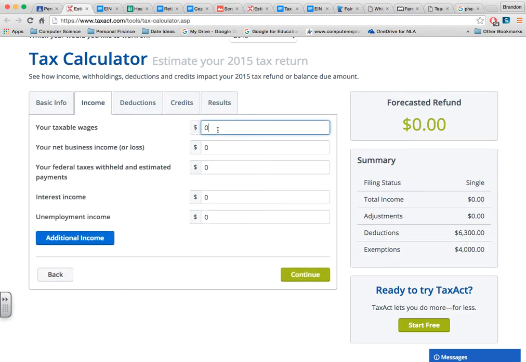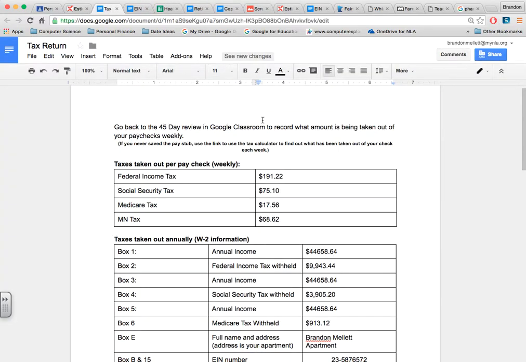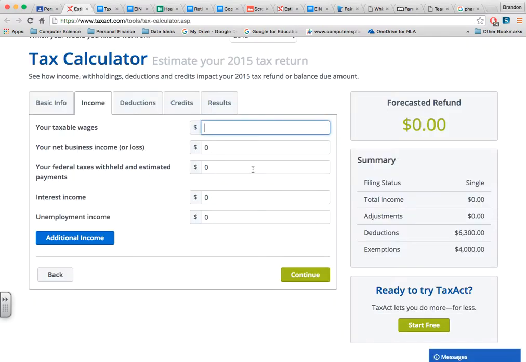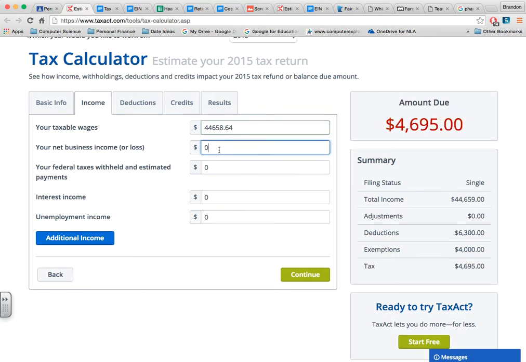Your taxable wages. This amount would be found in your tax return. So taxable federal income, your annual income, $44,658.64 is what we put in there. Your net business income. You do not own a business, so that stays at 0.